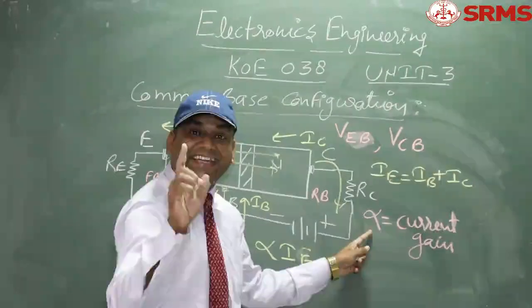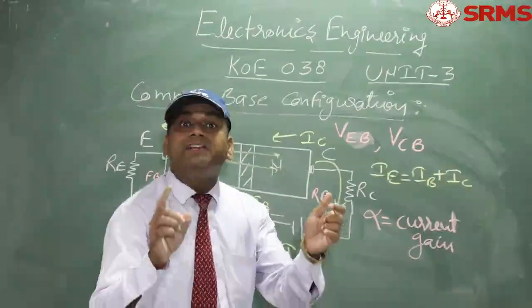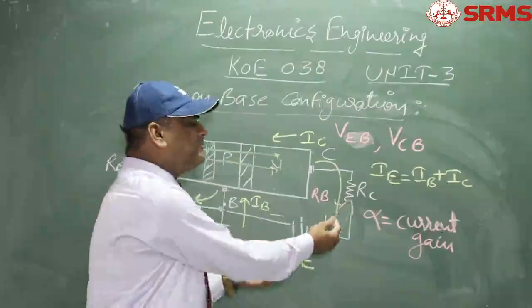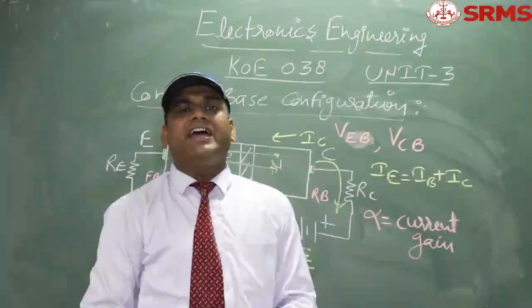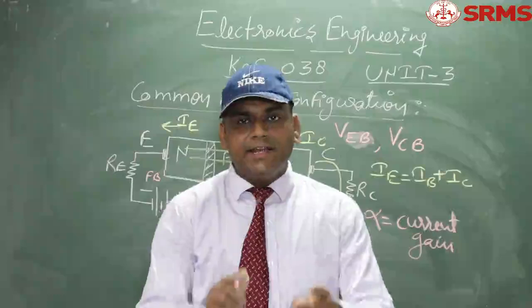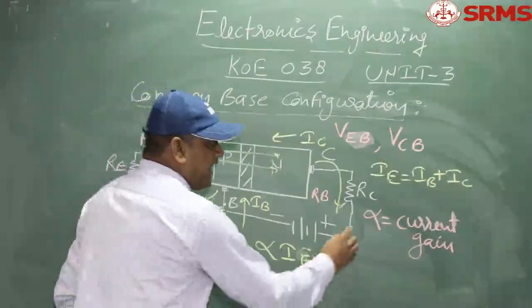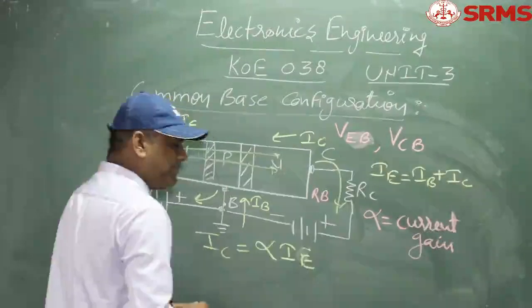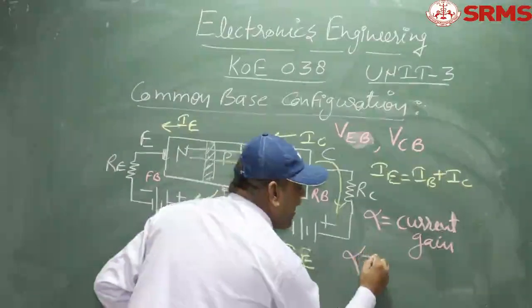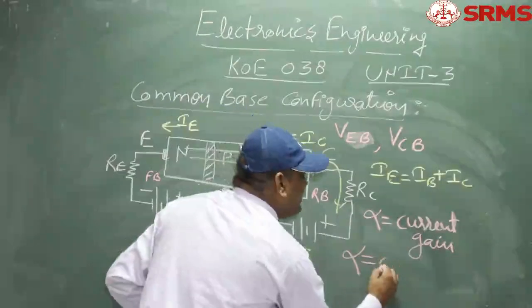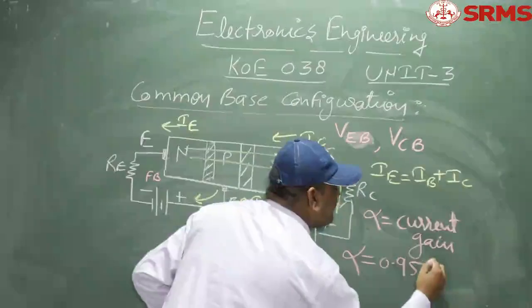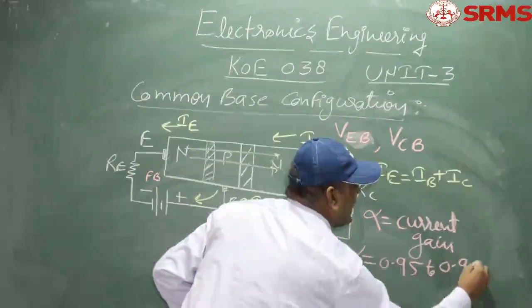Alpha is the current gain for the common base configuration, and sometimes this alpha is also defined as the current amplification factor. So here alpha is equal to the current gain, and this alpha value lies between 0.95 to 0.99.